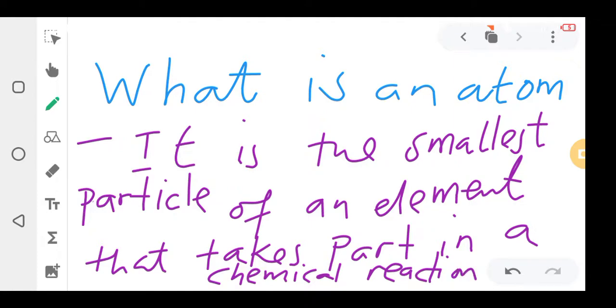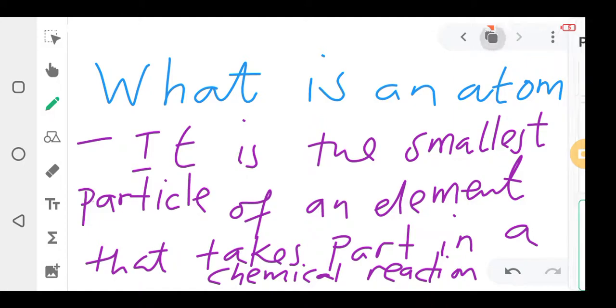You have to know its definition by heart because they can ask you to define an atom. An atom is the smallest particle of an element that takes part in a chemical reaction. I repeat it: an atom is the smallest particle of an element that takes part in a chemical reaction.